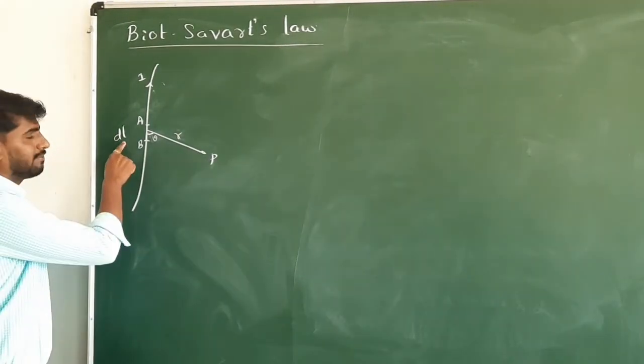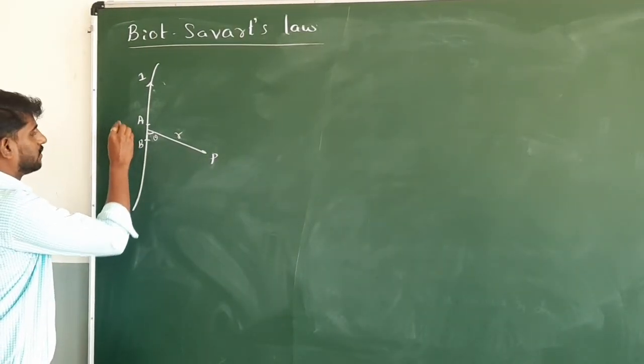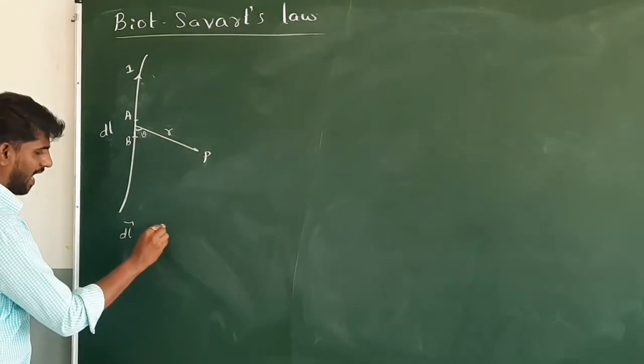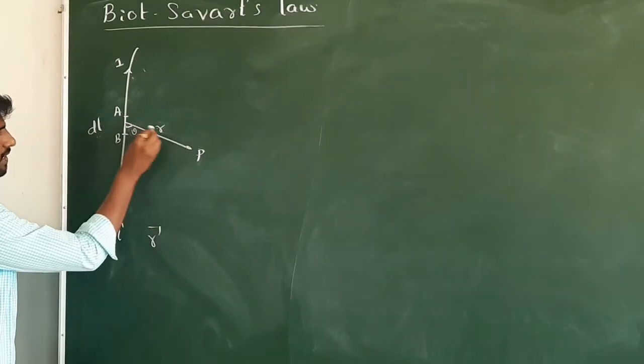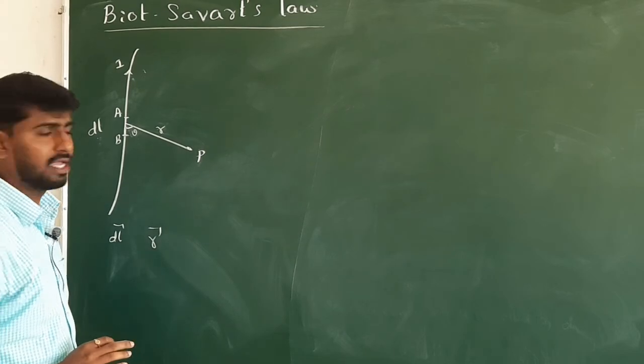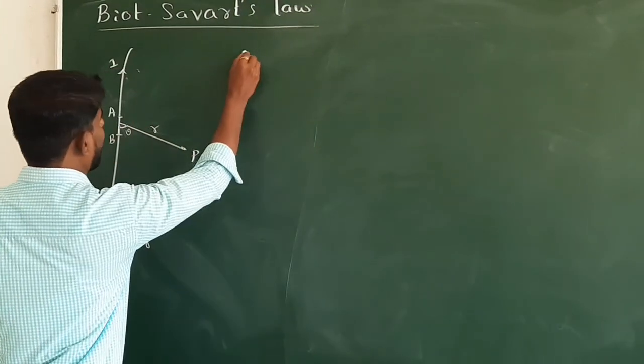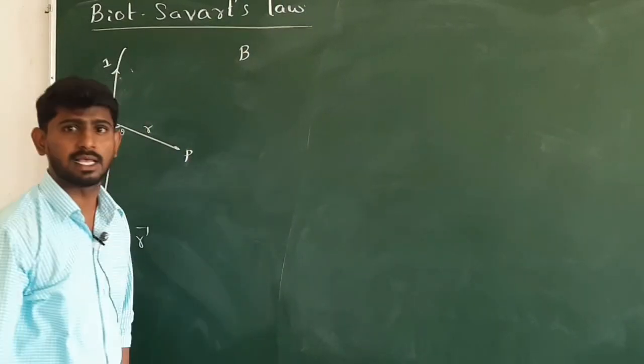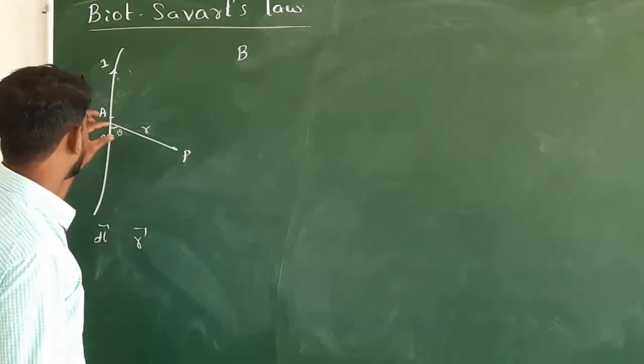We should take the length element as a vector quantity, so dl is a vector and r is a vector, and the angle between these two vectors is theta. According to Biot-Savart's law, the magnetic field, whose symbol is B, by the small element.